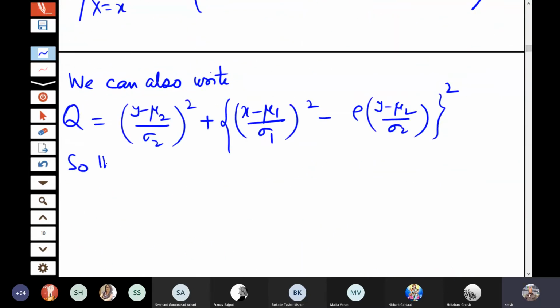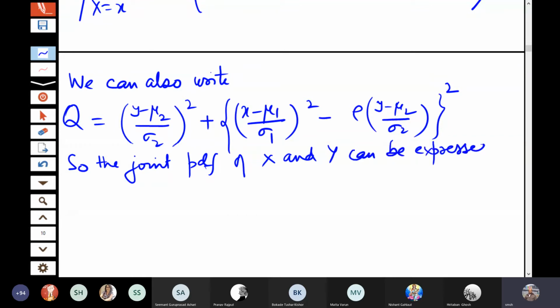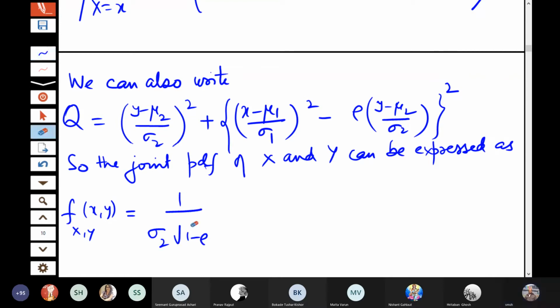So the joint PDF of x and y, f x y, can be expressed as 1 by sigma 2 root 2 pi e to the power minus 1 by 2 y minus mu 2 by sigma 2 square, and the remaining term will come for this part.